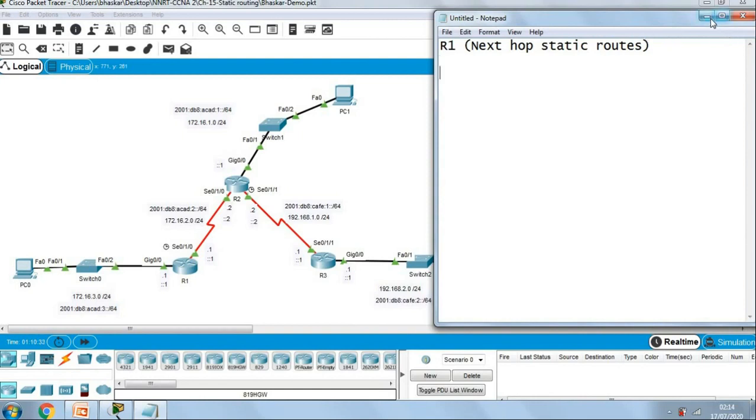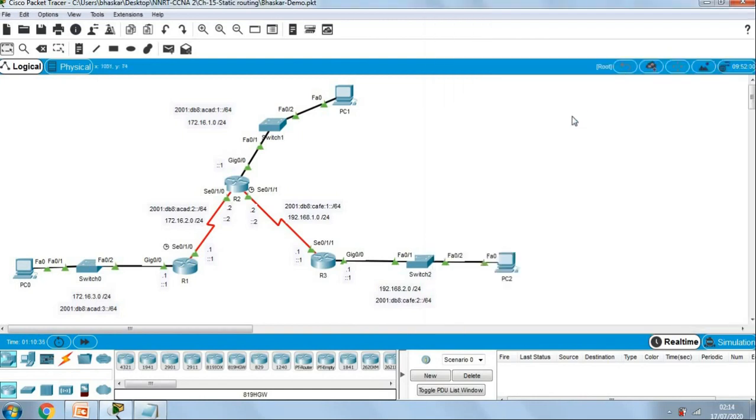See the question: how many static routes do you have to configure? From R1, I know I am connected with this network, which means this interface is directly connected. This interface means these networks are also directly connected. It means R1 knows about 172.16.3.0. This is a connected network, as well as this one is also a connected network.